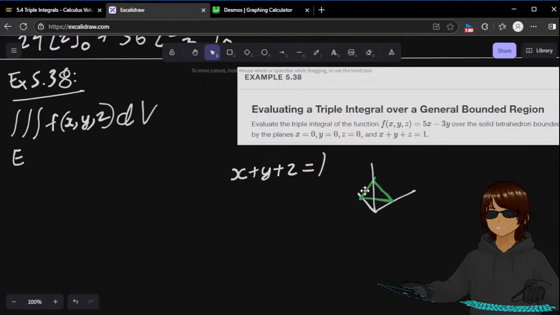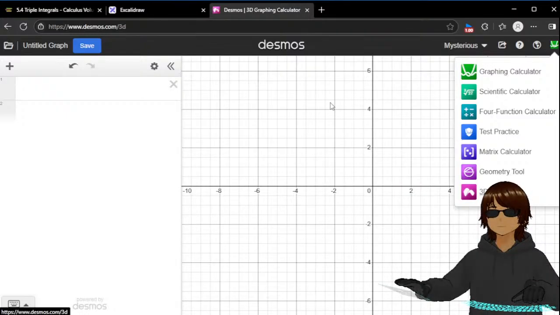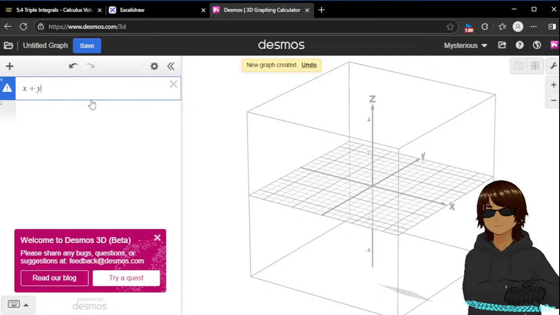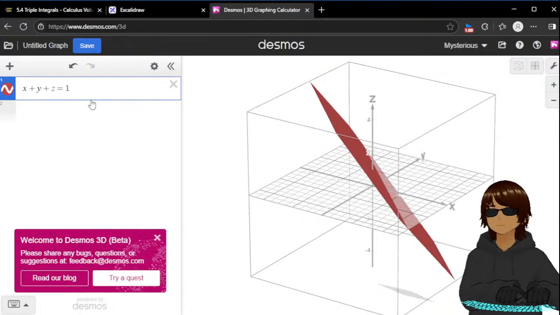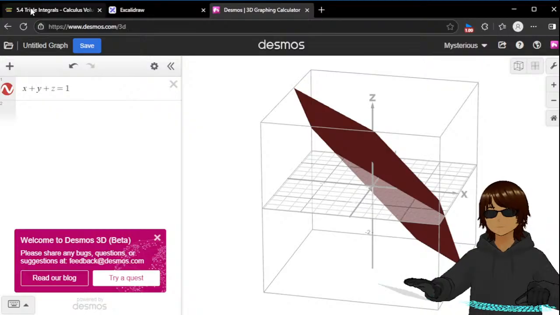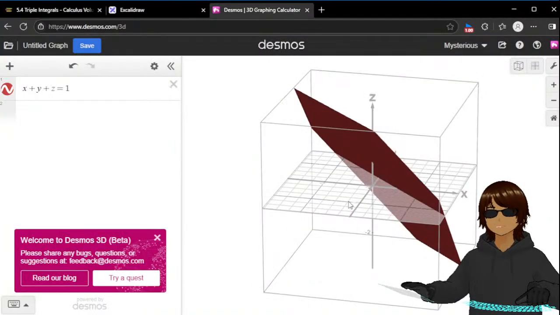So bounded by the xy plane, and then I should open the 3D Desmos. So this over here, bounded by the planes x is equal to 0.